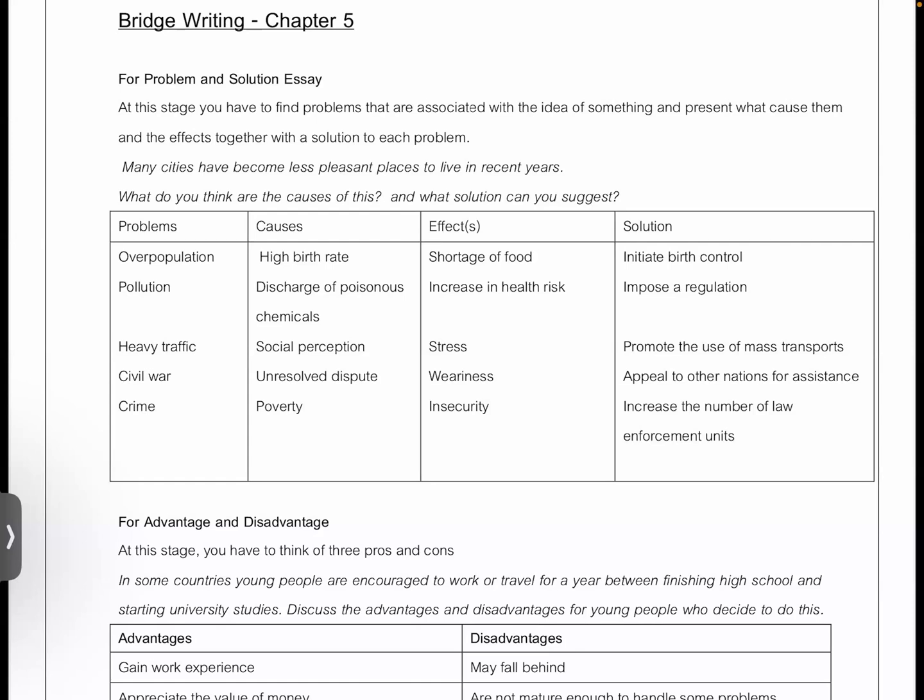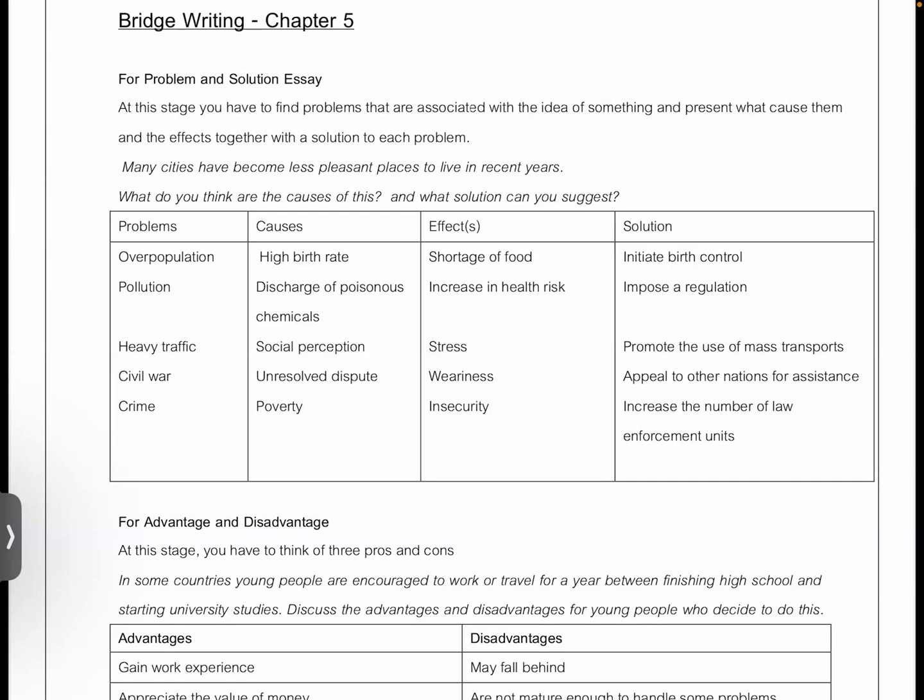All right. So once you have come up with all of the causes and effects to explain each problem, then you have to think about solutions. You can think about a solution, a method to prevent this from happening, or a method to make this less disastrous, less harmful, like overpopulation. How would you prevent that from happening? Well, you might need to initiate birth control.